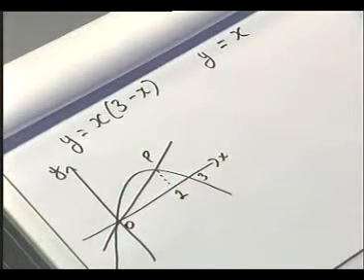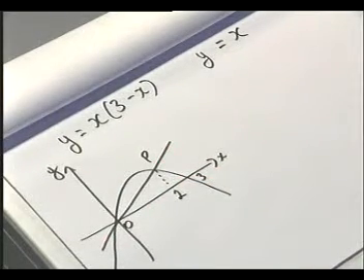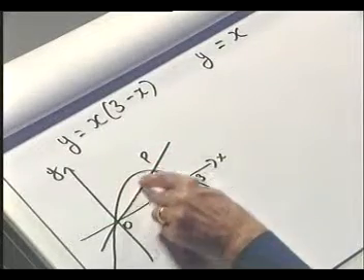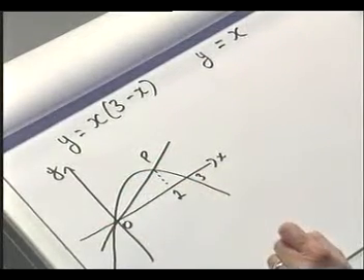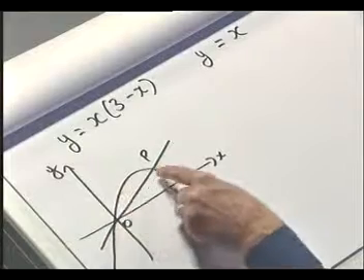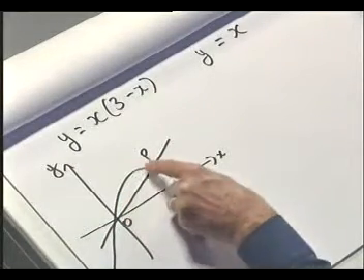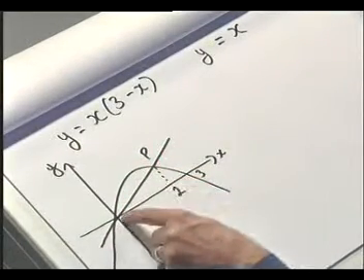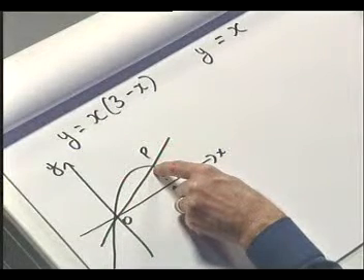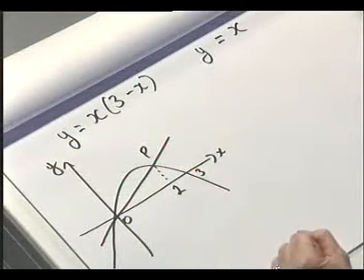So that was the picture that we had. And we calculated the area between the two curves here by finding the area underneath x times by 3 minus x, then the area underneath the line y equals x, and taking them away.